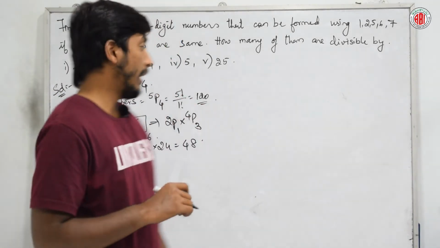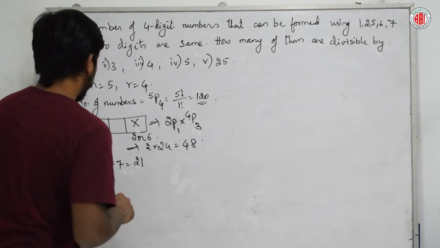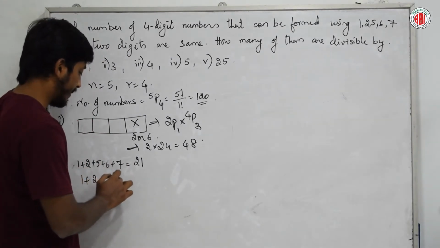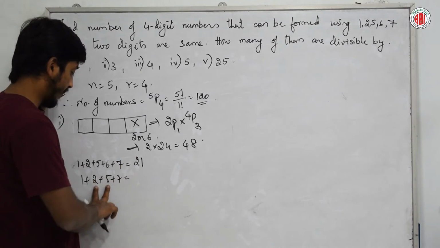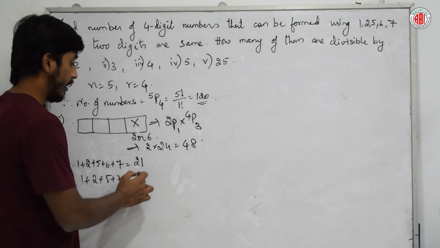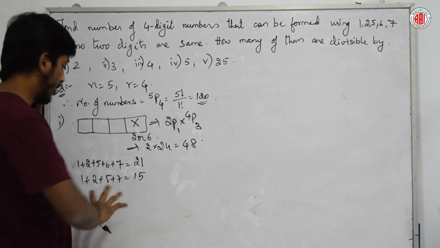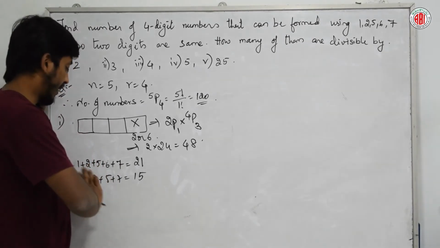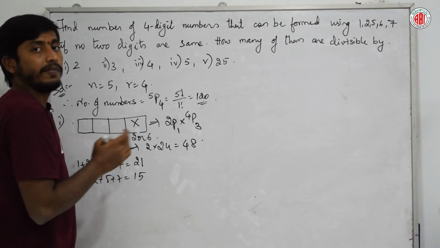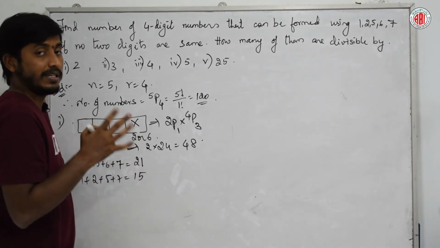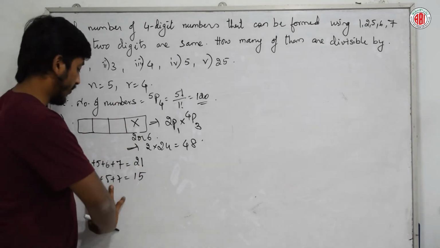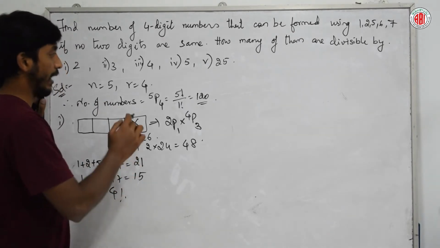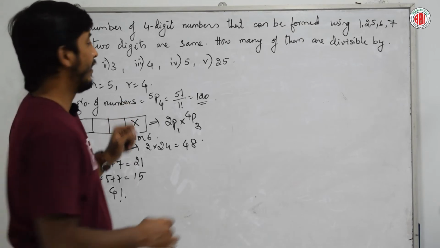Only if I remove 6, we get 1 plus 2 plus 5 plus 7, which is 7, 14, 15. It is divisible by 3. So we can have only these 4 digits. We can't remove any other number, because we are not getting a sum divisible by 3. So only these 4 numbers in 4 positions. The answer is 4 factorial. Right?